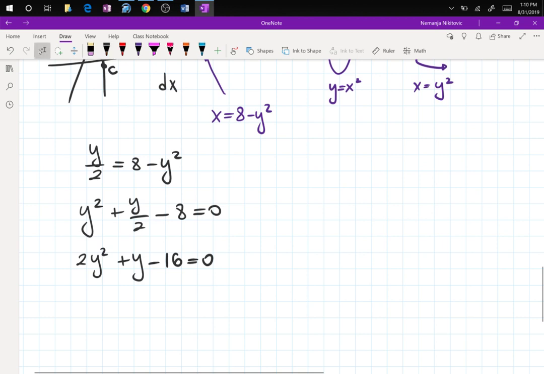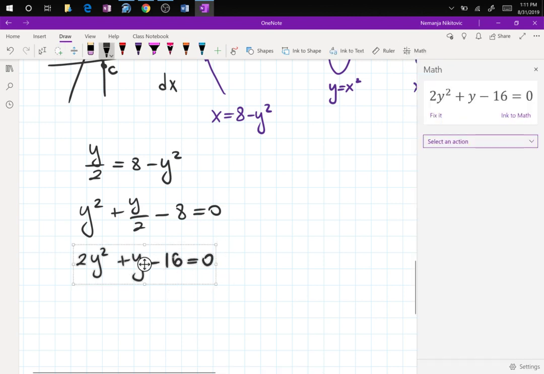We good? Now you need to solve this equation. What are the options you have? If we can factor, we factor. The quadratic equation is one of them, right? Negative b plus or minus the square root of, all of that stuff. Or you can select it like this and then push math over here.